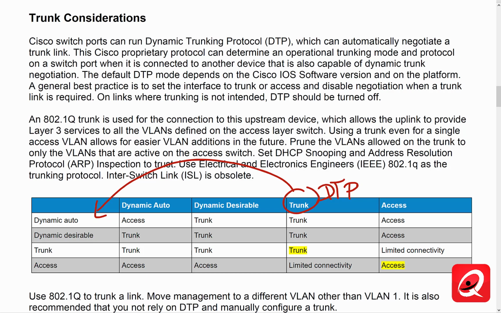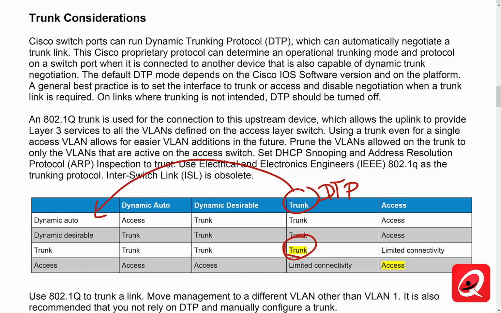If you execute the command switchport nonegotiate on the trunk interface, that trunk interface will no longer generate DTP messages. And in this case, the trunk would not form if one side is set to trunk with nonegotiate and the other side is set to dynamic auto. So it's something to keep in mind.